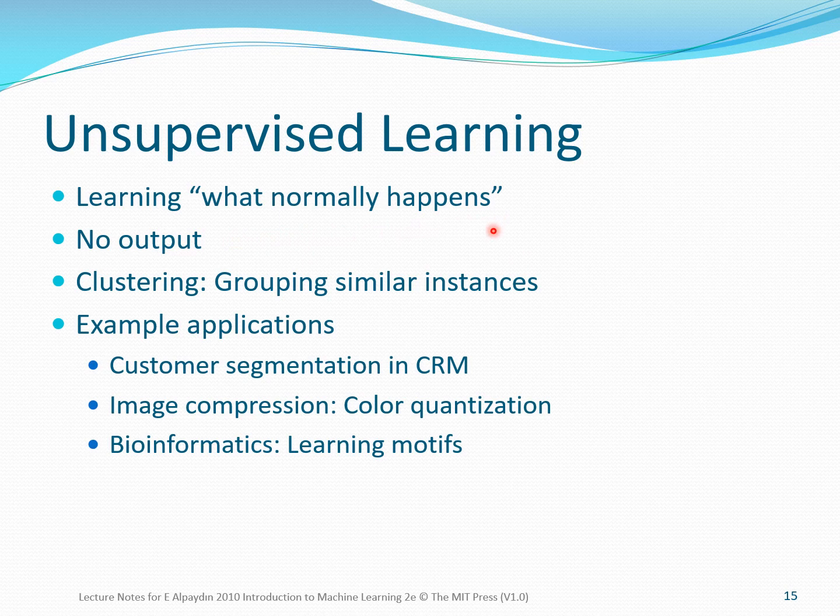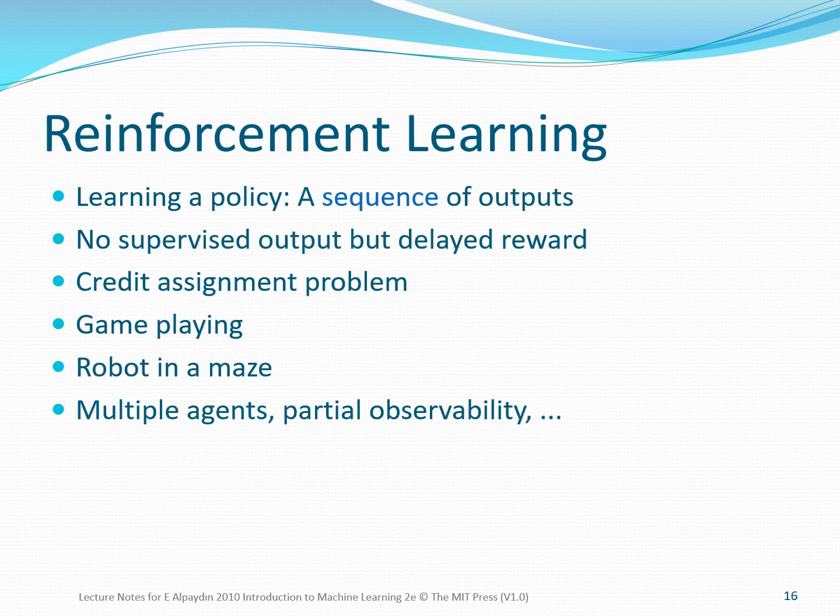That is by clustering, that is grouping similar instances. Here are the examples of the applications. Customer segmentation in CRM. CRM full form is mentioned in the front slides. Image compression, that is color quantization, bioinformatics, learning motifs.